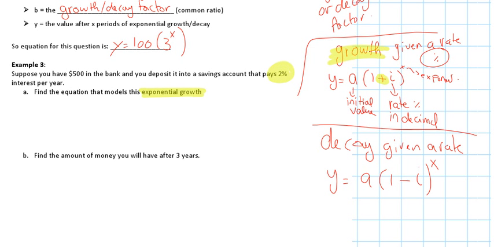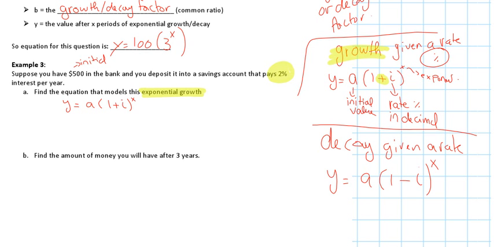The growth formula, which is y equals a(1 plus i) to the power of x. What's my initial value? 500, right? Because you're depositing $500 in the bank. So that's your initial. My a is 500.